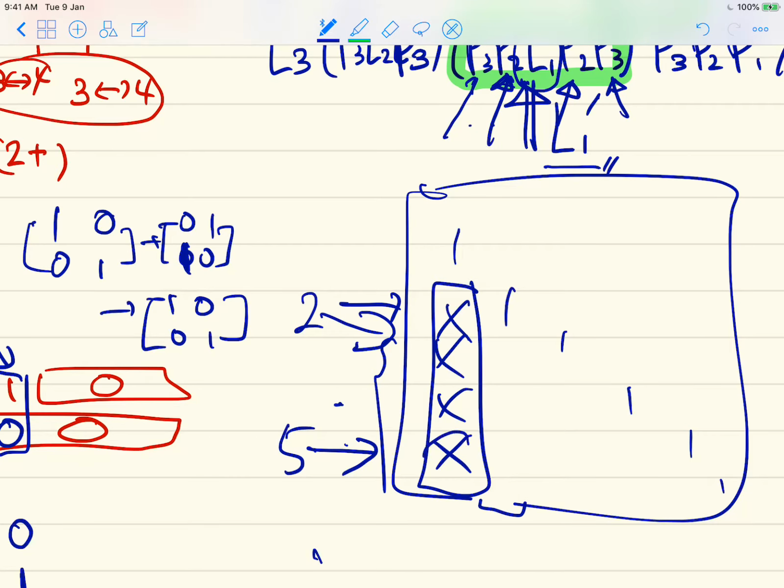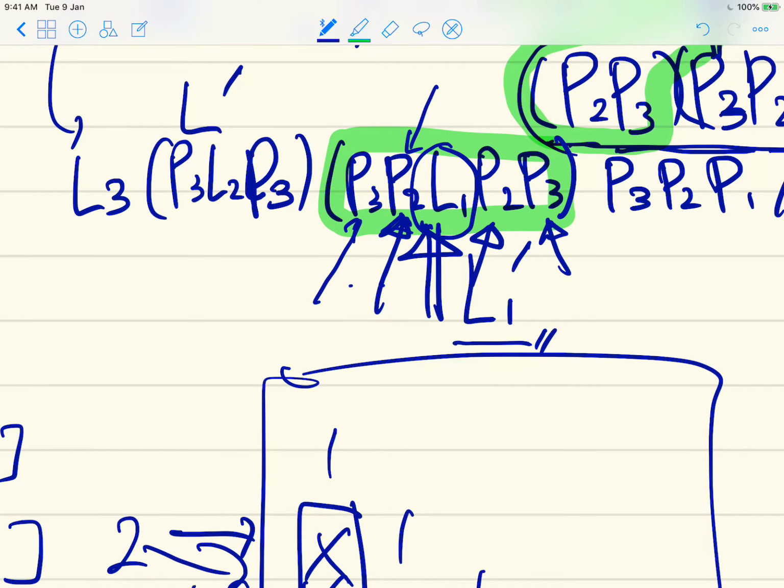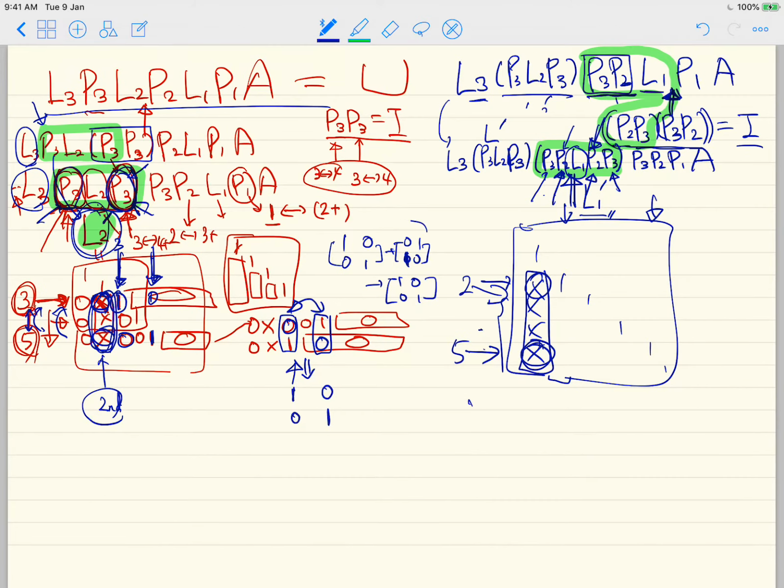Suppose this guy was the largest one, so that's why we change between the second and the fifth row. Okay, so in that case, we do the row interchanges and the column interchanges, and it has the effect of changing between these two numbers. And then even if we apply the column interchange between the second and the fifth column, it will just have an effect like this guy.